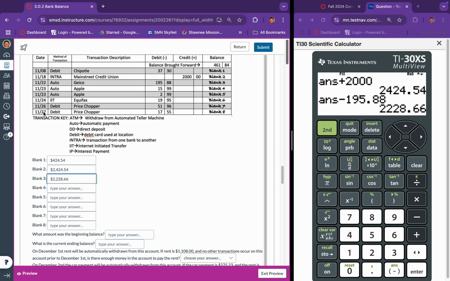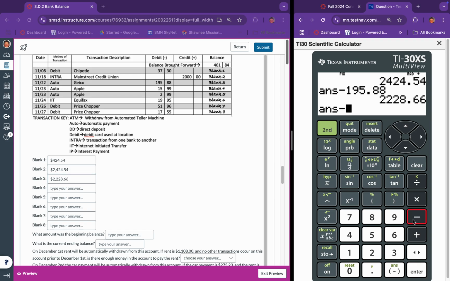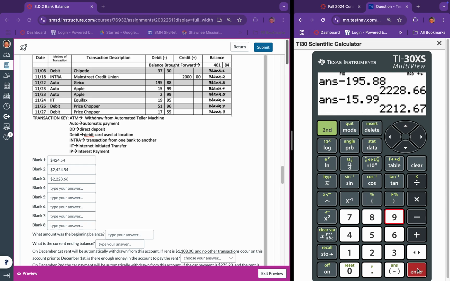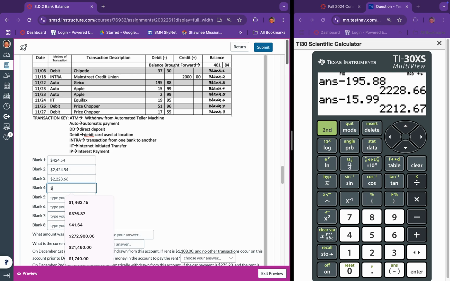After Geico is paid on November 28th, there's another automatic payment from your account to Apple. So you must have some streaming service through Apple for $15.99. So you're going to subtract $15.99. And that is going to leave you a balance of $2,212.67 in your account.